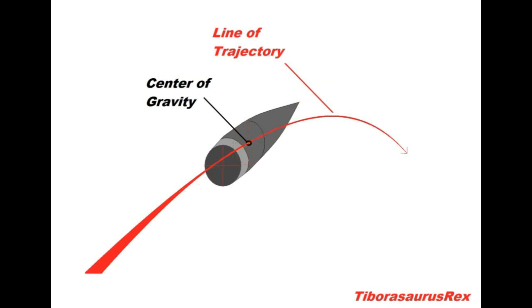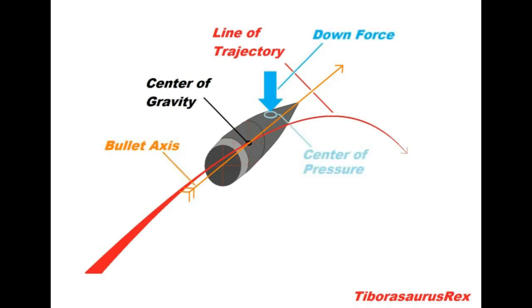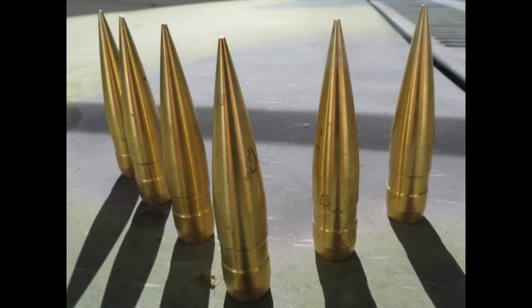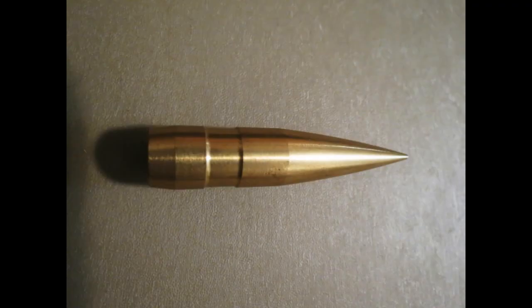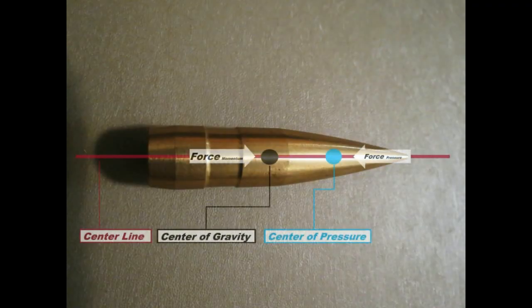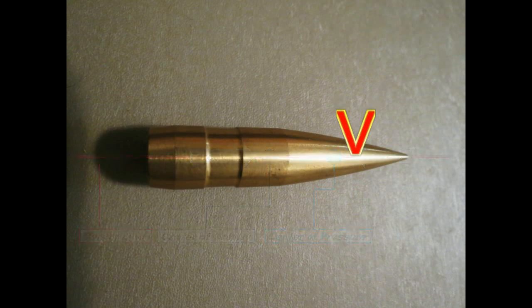Now, at the same time, there's going to be a zone of high pressure developing along the side of the bullet, which is the most out of line of the axis of flight, okay? This compressed high pressure zone is going to be constantly pushing the bullet's nose back into the direction of flight along the arc of the trajectory.